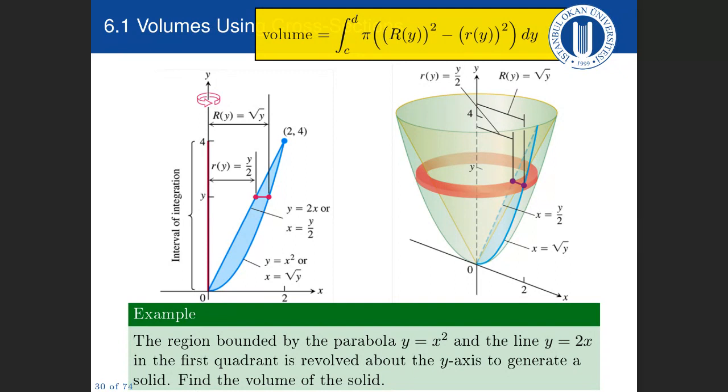Because we're revolving about the y-axis, we want to integrate dy. And then for the limits of integration, we want the smallest value of y and the biggest value of y. In this picture, the smallest value of y is 0 and the biggest value of y is 4. So we could write 0 and 4.